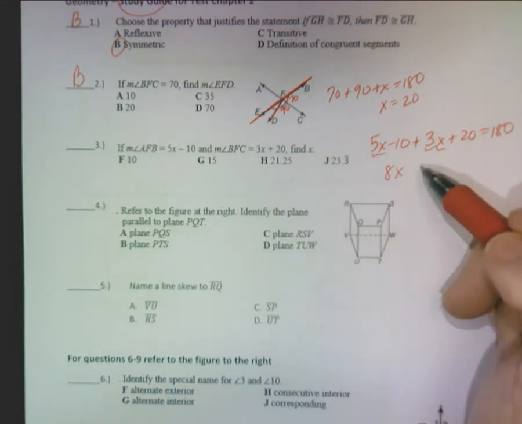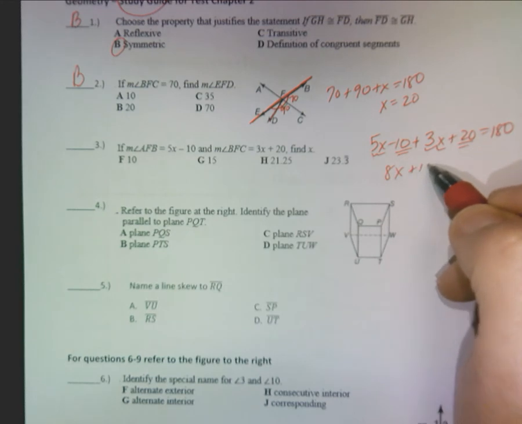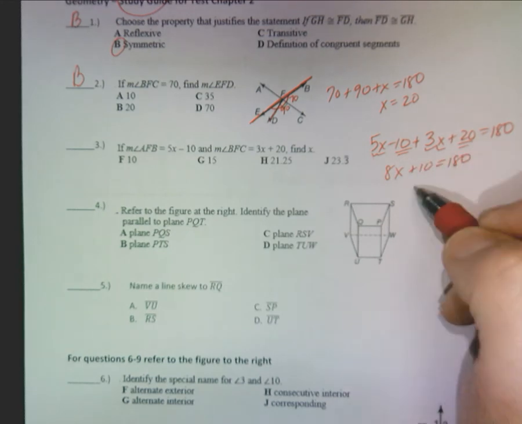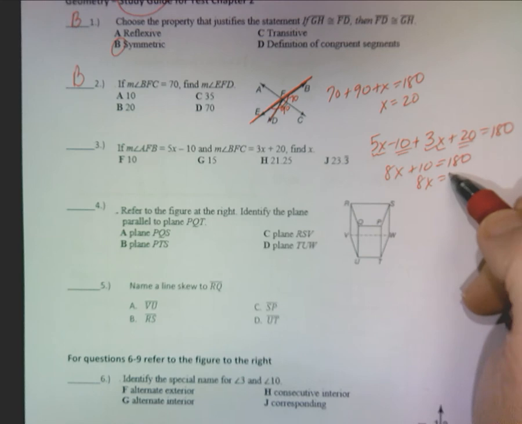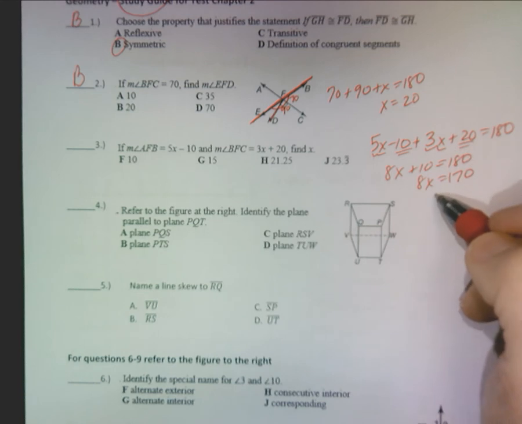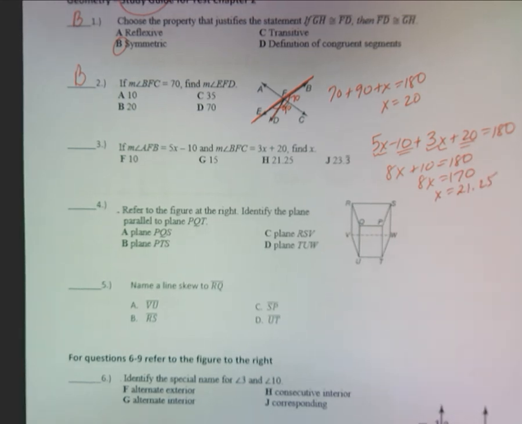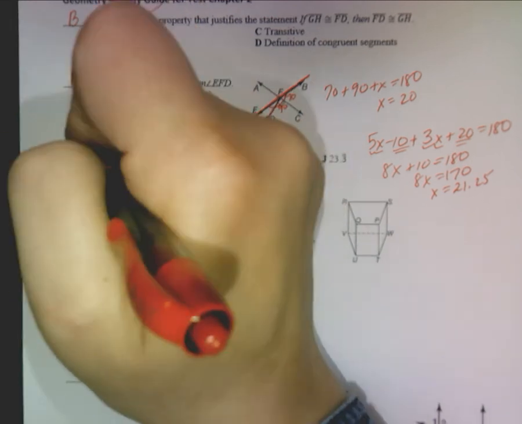Combine your like terms, a little bit of algebra. We get 8x plus 10 equals 180. 8x equals 170. And 170 divided by 8 is 21.25. And that is H.